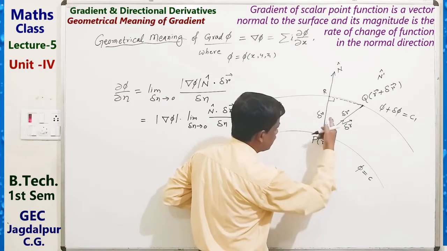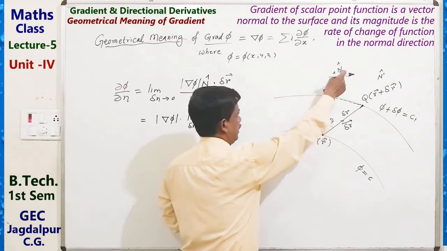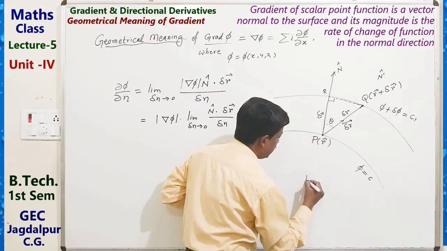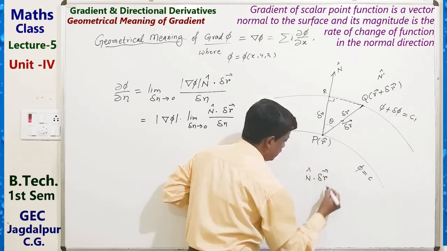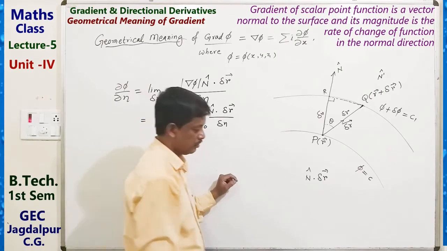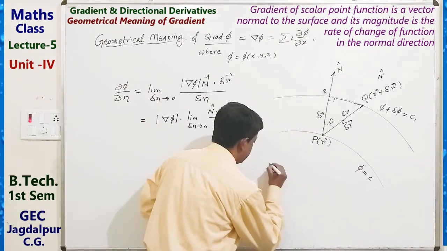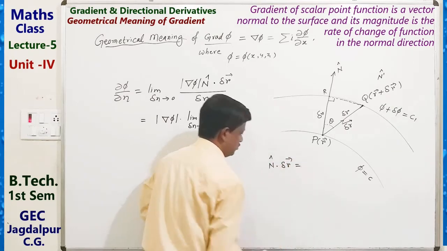So we can write the dot product n cap dot delta r equals to what?